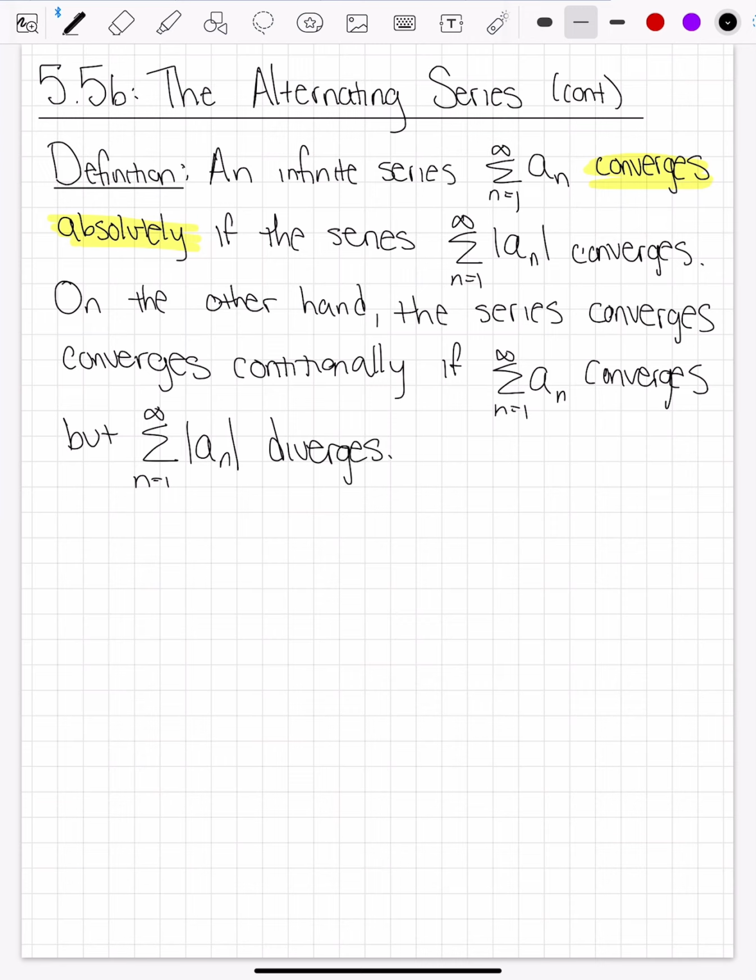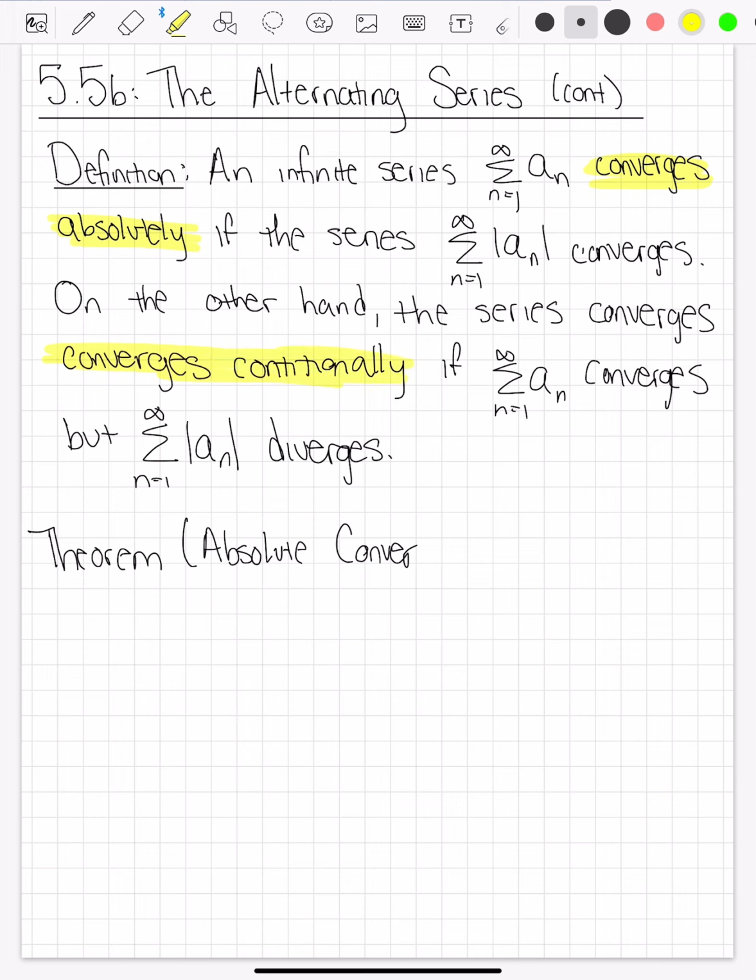Okay, and so this brings us to a theorem which we call the absolute convergence test, another vocabulary word.